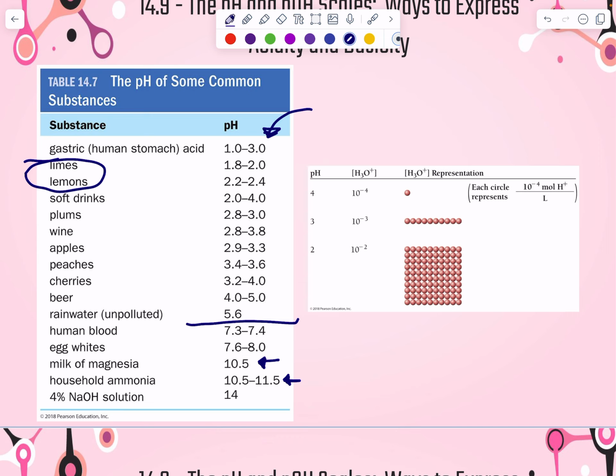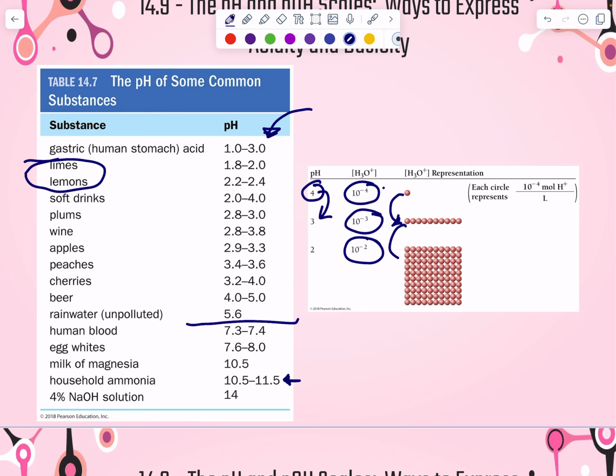And the actual scale of pH is a logarithmic scale. Logs are exponents, exponents are logs. Each time the exponent changes, it changes how much acid is present by a factor of 10. So when I go from a pH of 4 to a pH of 3, I actually increase the acidity by 10 times.